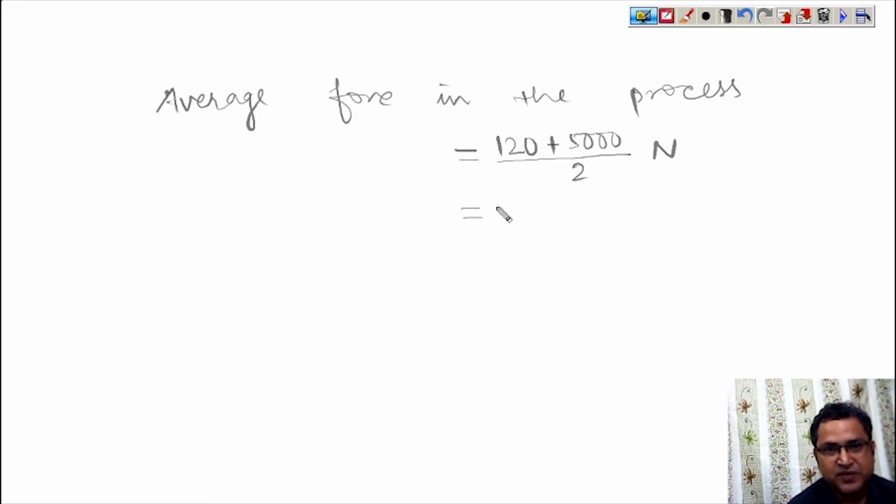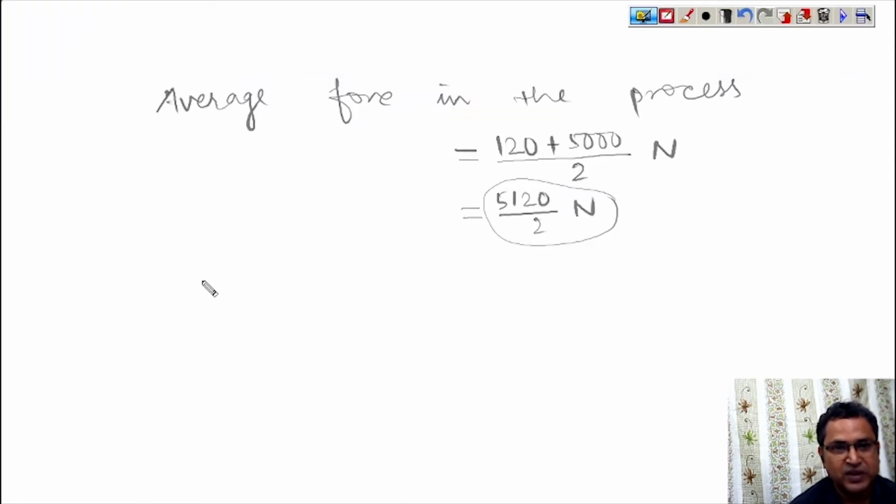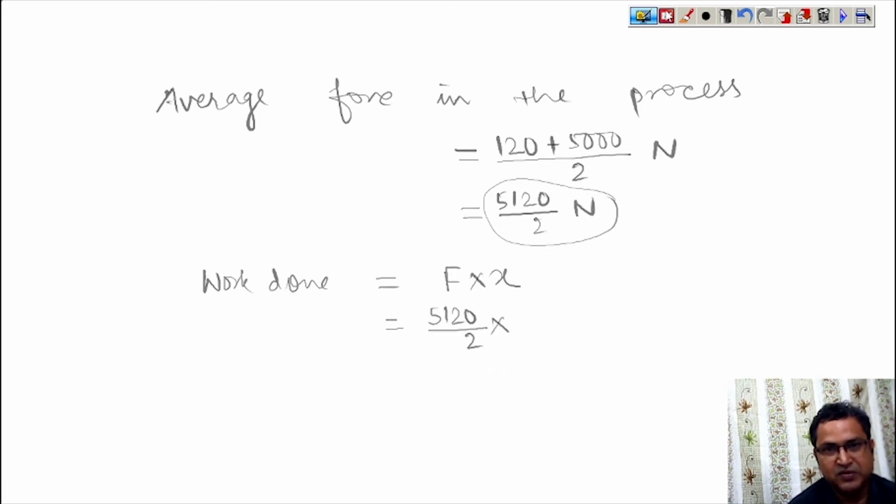So this is 5120 divided by 2. This much force is being used, and it travels a distance of 1.2 meter. Then what amount of work is being done? Force multiplied by the displacement. So work done is equal to force into displacement. What is the force? 5120 divided by 2 multiplied by, what is the displacement?